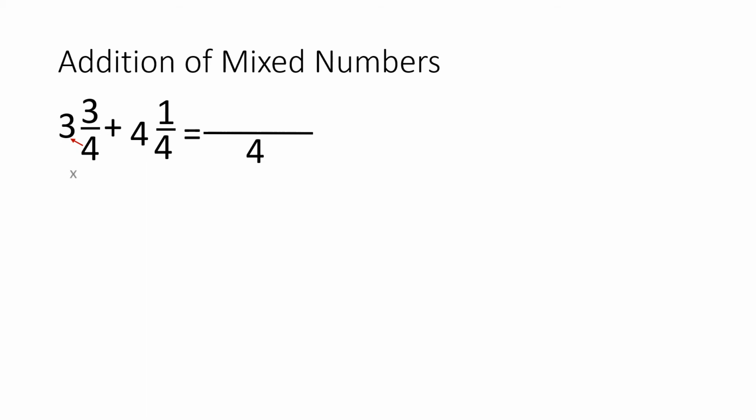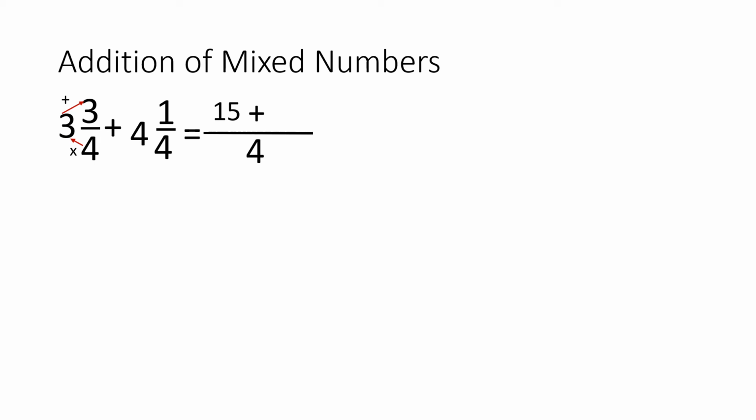So, 4 times 3 equals 12. Then, 12 should be added to the numerator 3. So, 12 plus 3 equals 15. That is the value of the first numerator.